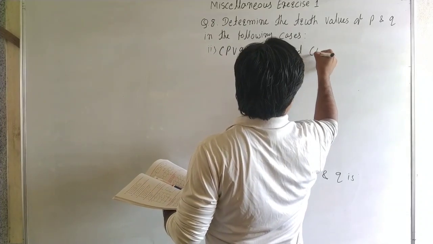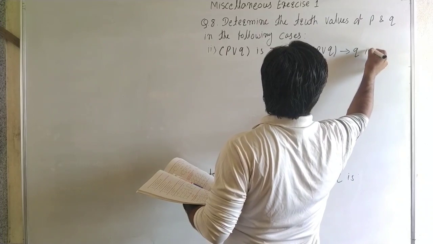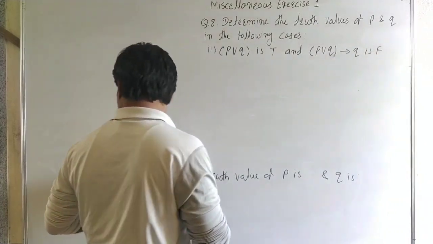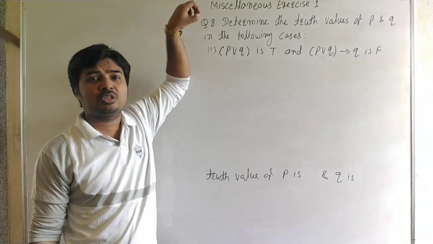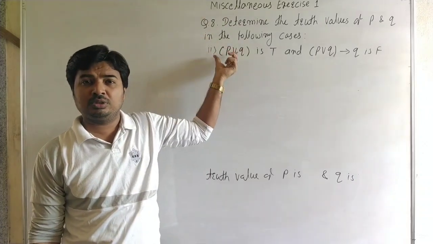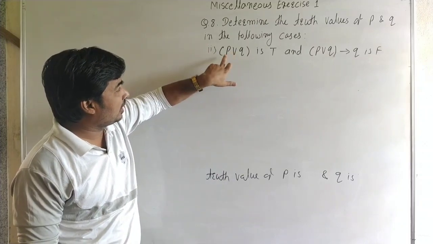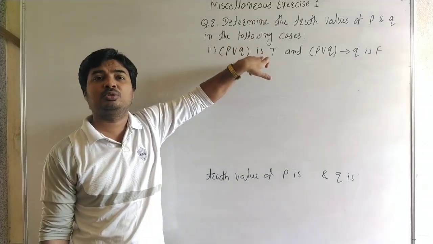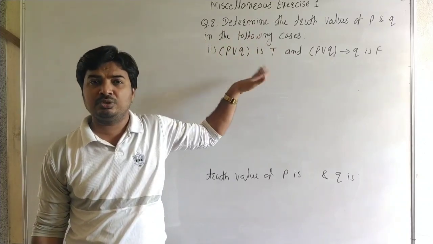And here, P or Q implies Q is false. Here again, from the first condition we cannot say directly the truth values of the individual P and Q, because it is OR and there are three possibilities. If at least one of them is true, then the truth value is true.